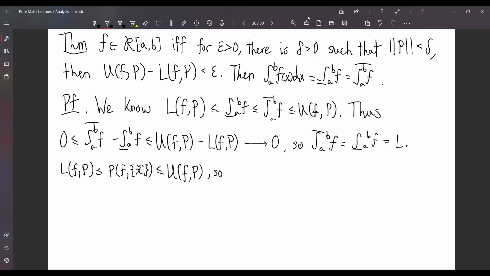So essentially by the same idea, since the lower and upper sums are getting closer and closer to each other, we can say, how do I want to say this?